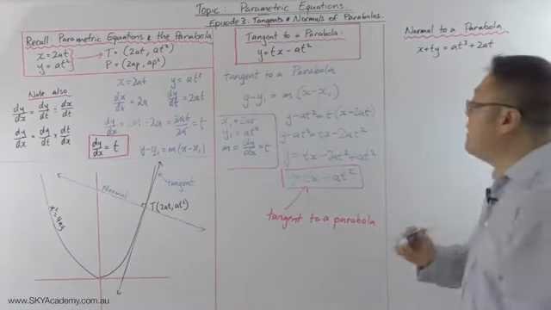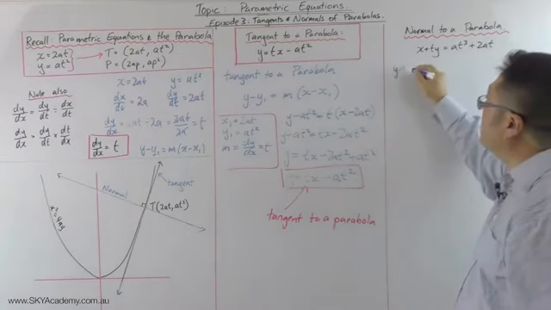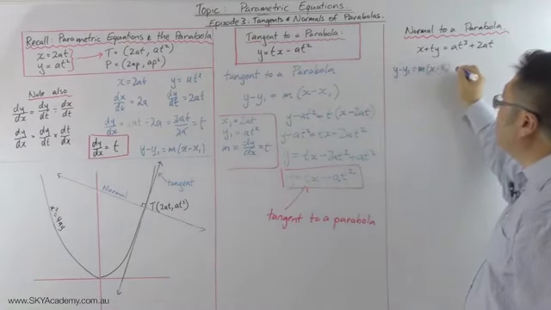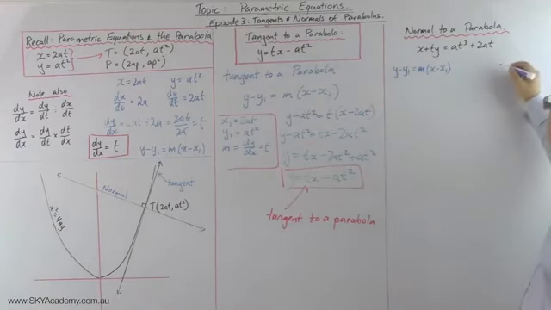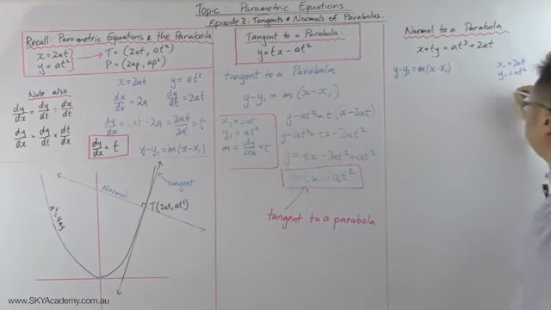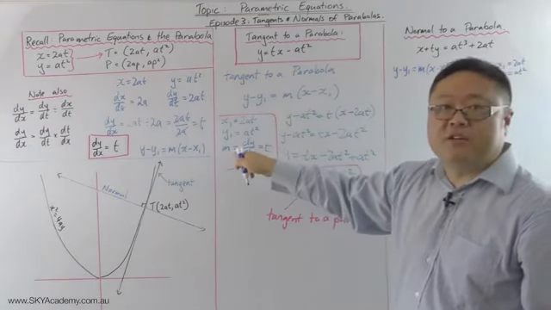For a normal to a parabola, again, we're going to use the point gradient formula. So it's y minus y1 is equal to m times (x minus x1). But for this, what I want you to see is that x1 is equal to 2at, y1 is equal to at squared, because that's the point of contact. But your m is going to be the negative reciprocal of your tangent gradient.